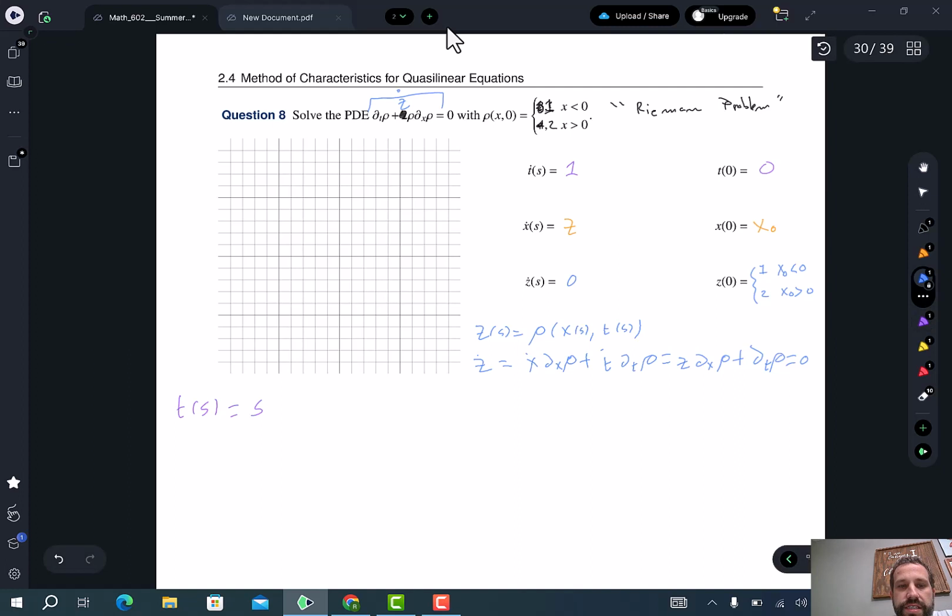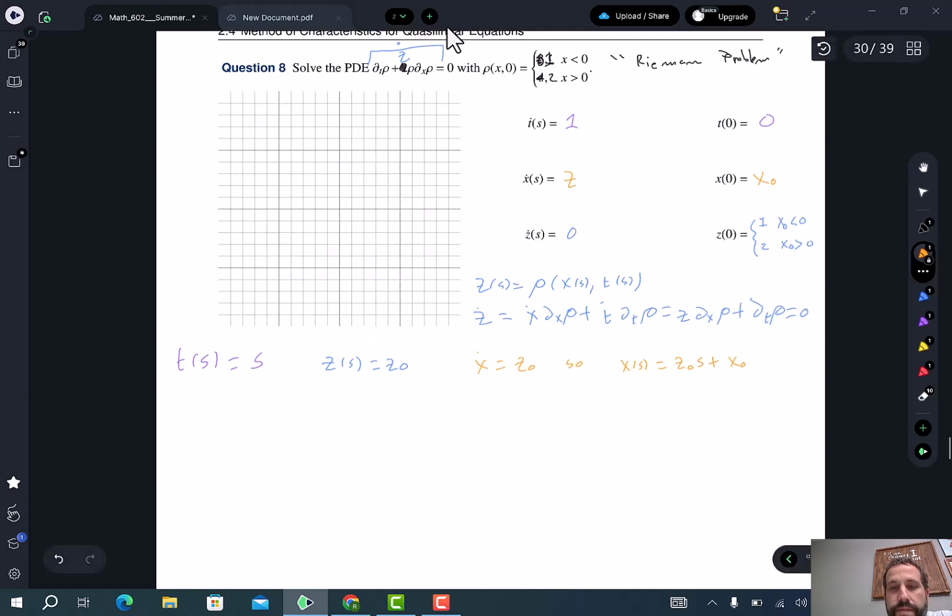If I look at the z equation, z dot is equal to 0, so z of s is just going to be equal to z naught. And now I can plug that into my x equation. This gives me x dot is equal to z naught, so x of s is equal to z naught s plus x naught.